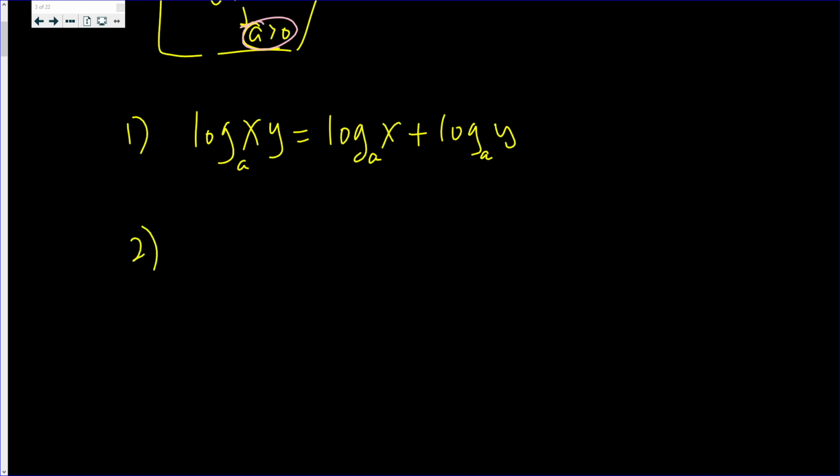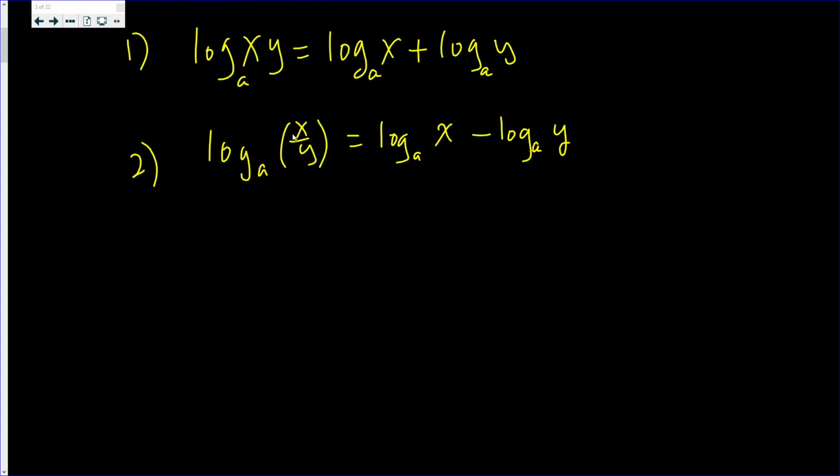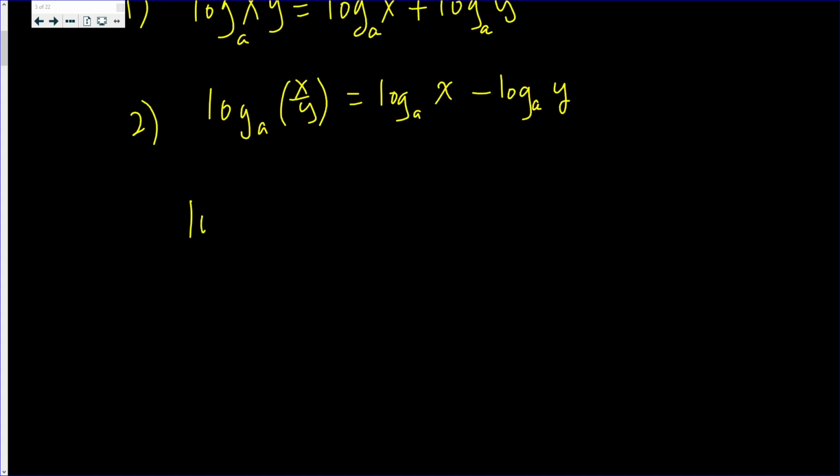Now the second rule says that log base a of a fraction x over y is equal to log base a of x minus log a of y. Division becomes subtraction. Let us prove this.